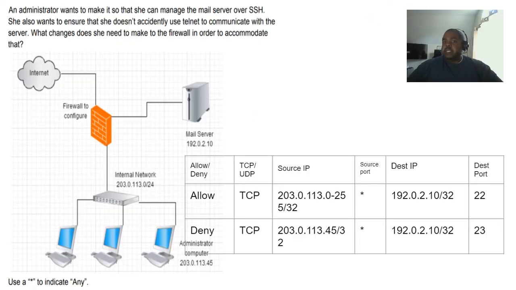So just to wrap things up, I wanted to bring this performance-based question back up and take another look at how the firewall rules work. I want you to look at the diagram and understand that everything here has an IP address, and don't get confused by things like the internal network and the cloud out here being the internet.